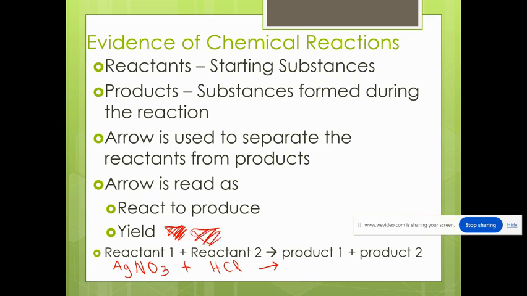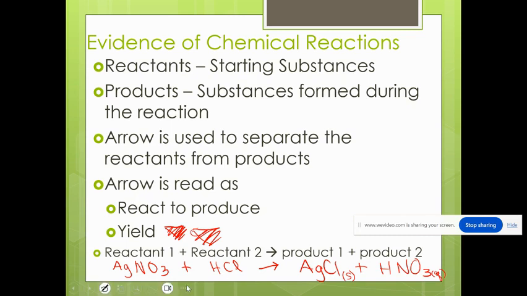We're making stuff. Okay. And what you made last semester was silver chloride and nitric acid. The chlorine and the nitrate swap spots. And this was your silver chloride solid, that was your precipitate. And this was still a liquid mixed together in there. Okay.